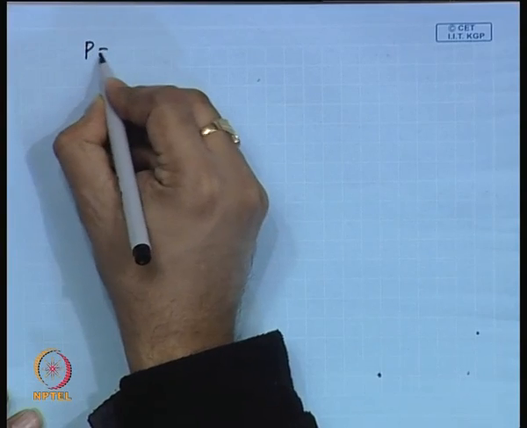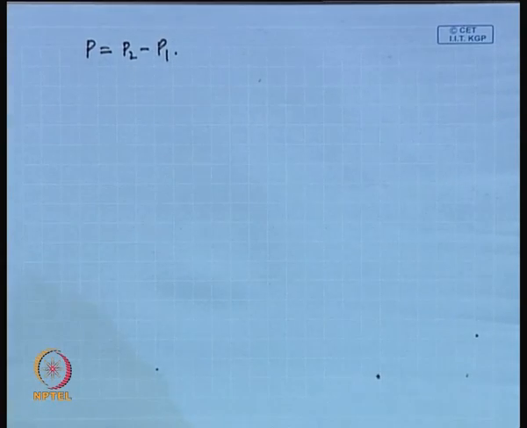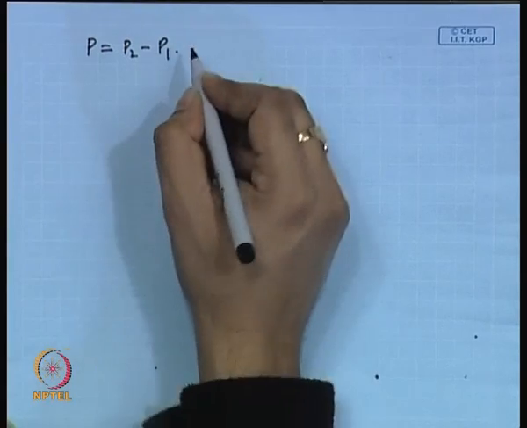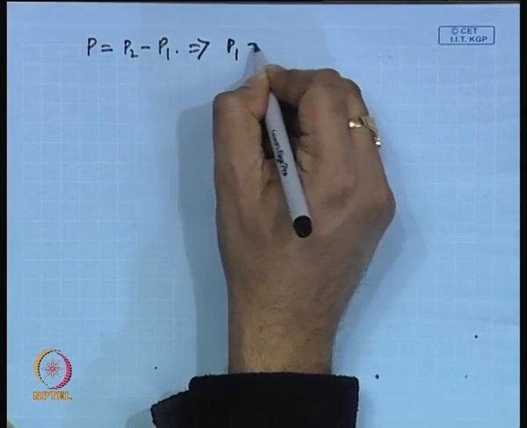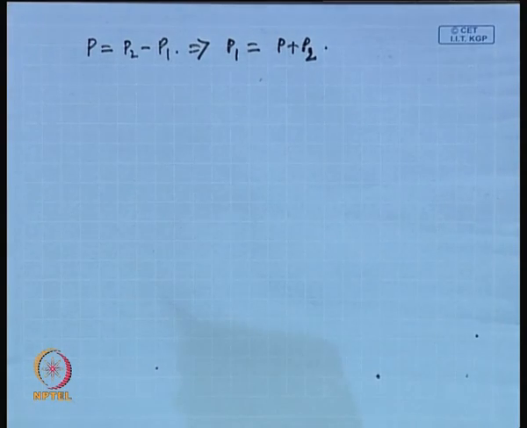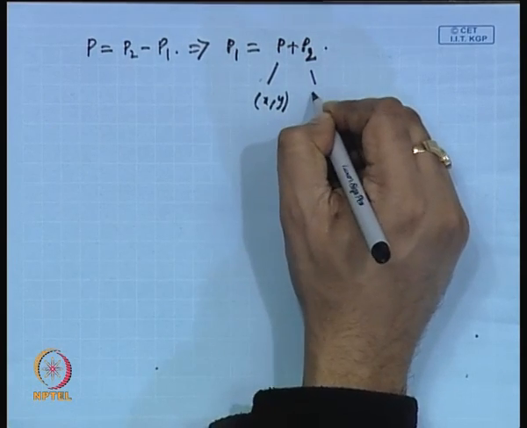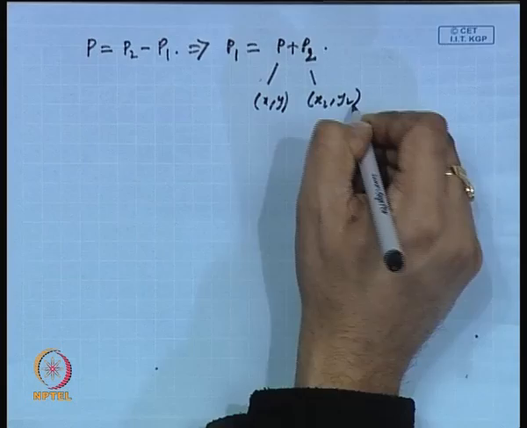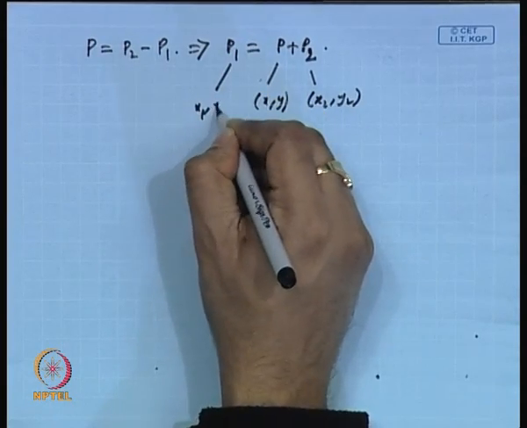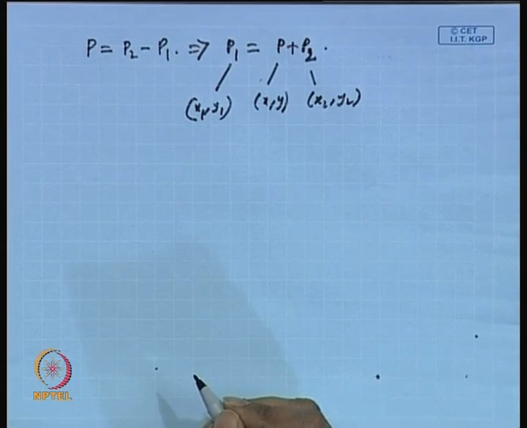You know that your invariant is p equal to p 2 minus p 1, right. So, that is your invariant here. So, therefore, this you can actually rewrite as p 1 being equal to p plus p 2, right. You can always write them in this fashion. That means p was (x, y) and p 2 was (x 2, y 2) and your p 1 is (x 1, y 1), right.